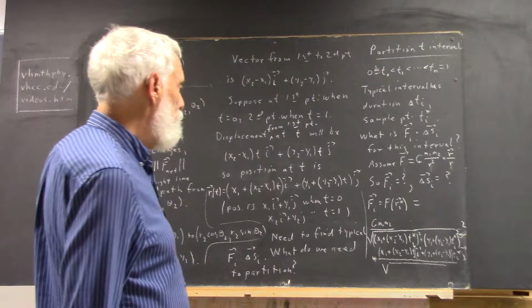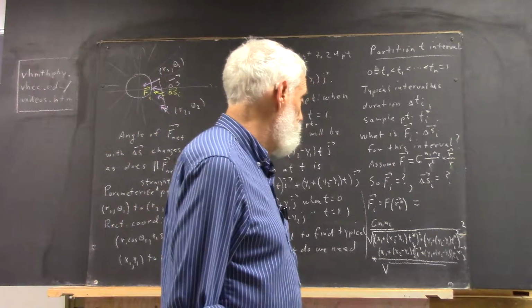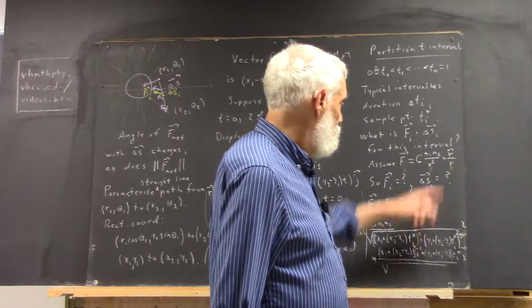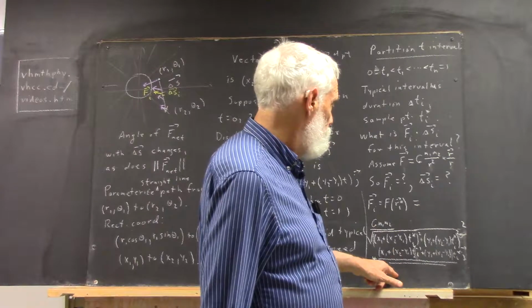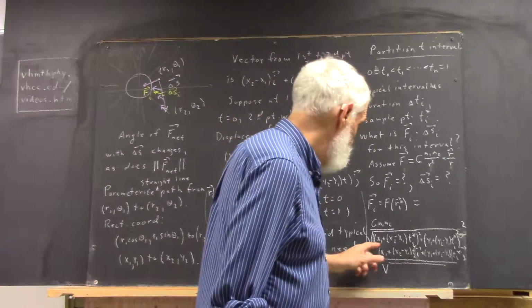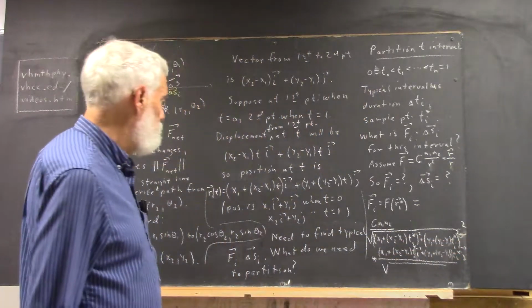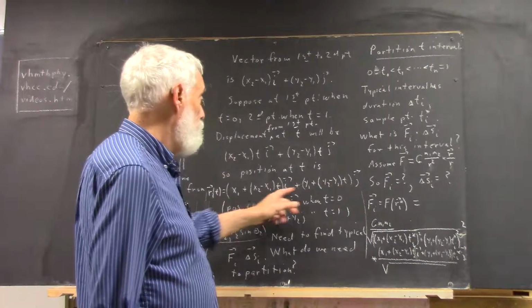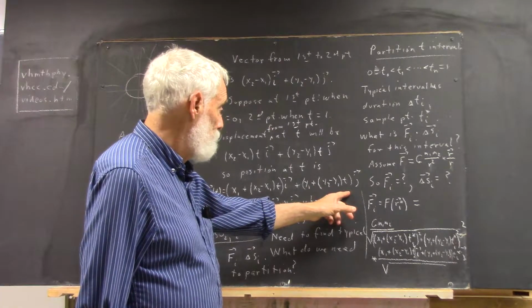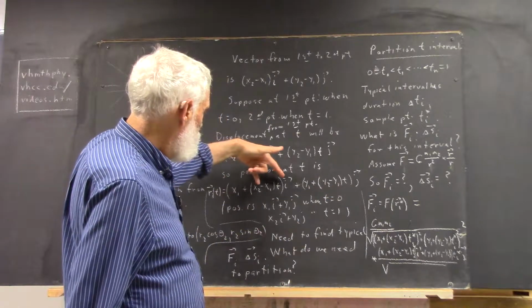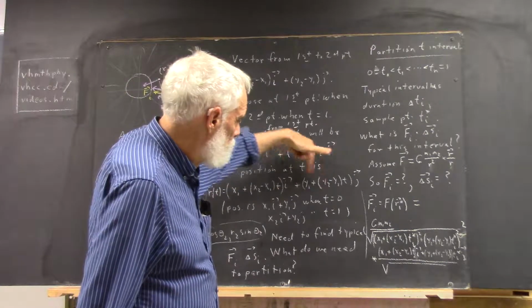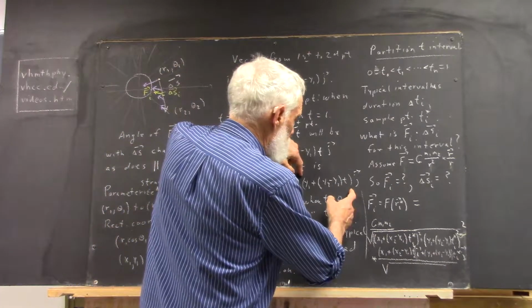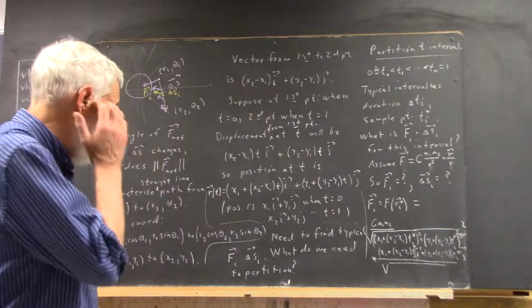Then that's multiplied by our r vector, which I write here, divided by our r, which is the square root of all the stuff I wrote here. It's just this with t replaced by t sub i star. Of course I'm doing the square of the i component plus the square of the j component, so it's going to be this expression squared plus this expression squared, with t replaced by t sub i star.